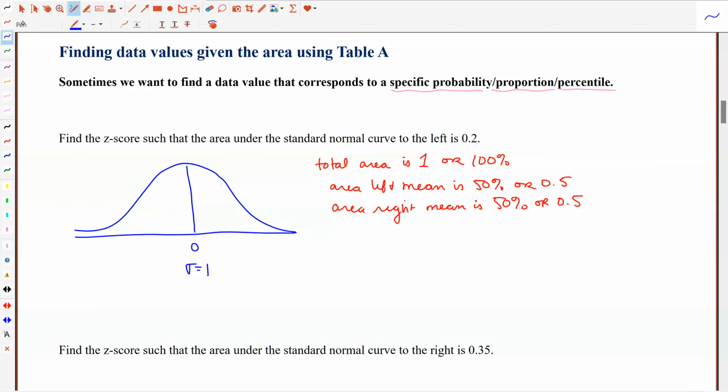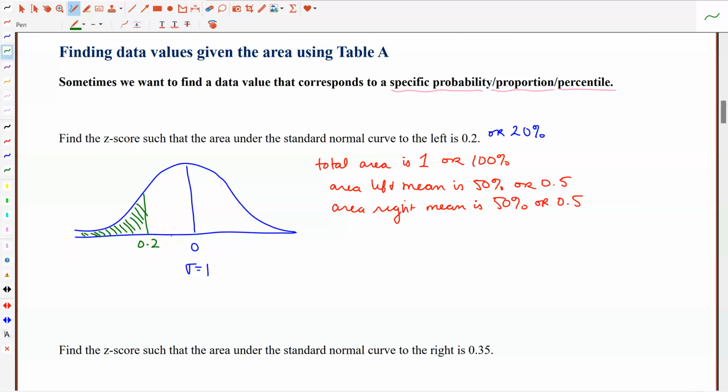On this problem, I'm looking for values such that the area to the left of it is 0.2. Remember, 0.2 is the same thing as 20% if you wanted to write it in percent form. So 20% of the area is going to be somewhere to the left of 0. And what they're giving me is an area. Now, you don't want to label that 20% along that horizontal axis. That axis is very special.